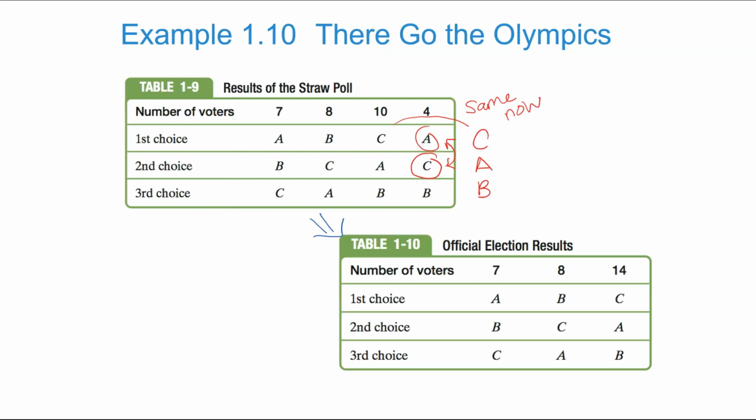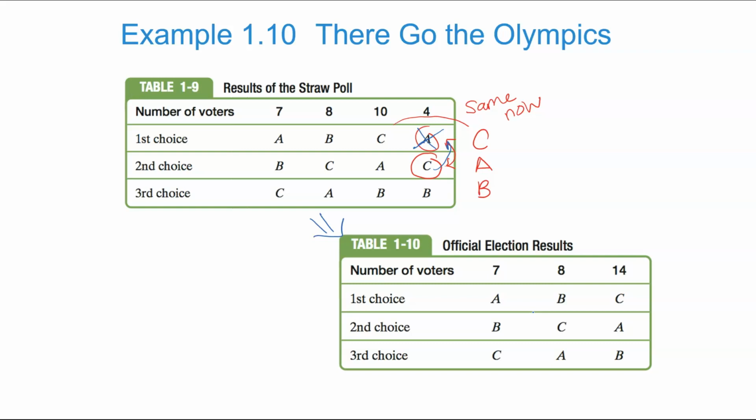So let's take a peek here. Remember, these 4 people said, we are not going to vote for Athens. We're going to put Calgary first. If you notice, their ballot is now the same, CAB. So now 14 people vote for Calgary first. But the problem now is that Calgary doesn't have a majority anymore.